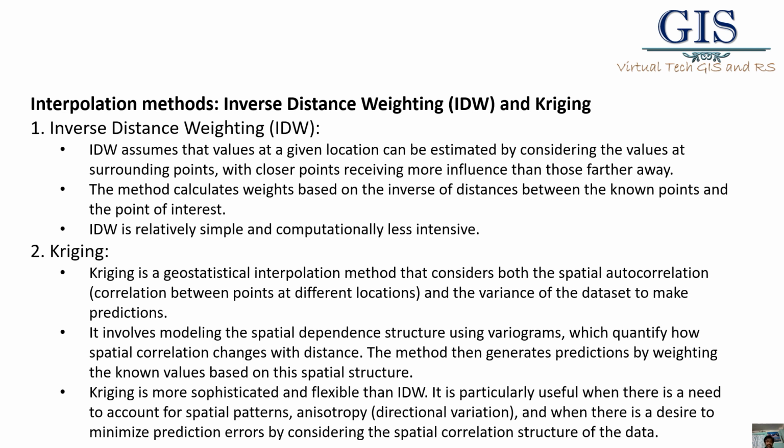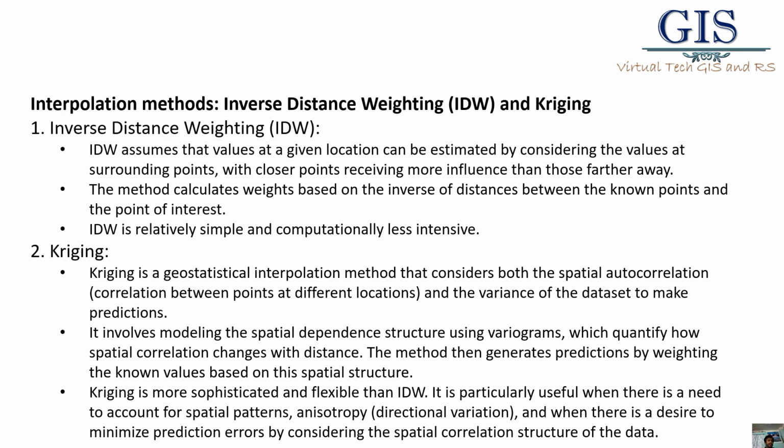The inverse distance weighting method assumes that the value at a given location can be estimated by considering the values at the surrounding points, with the closer points receiving more influence than those far away. This method calculates the weight based on the inverse of the distance between the known point and the unknown point, which is also called the point of interest.